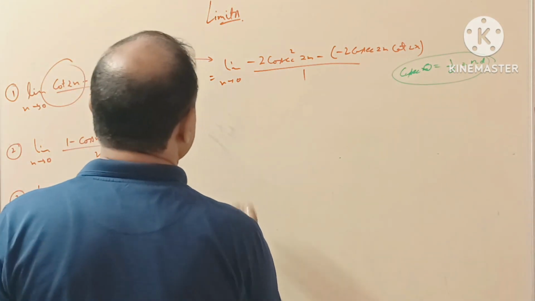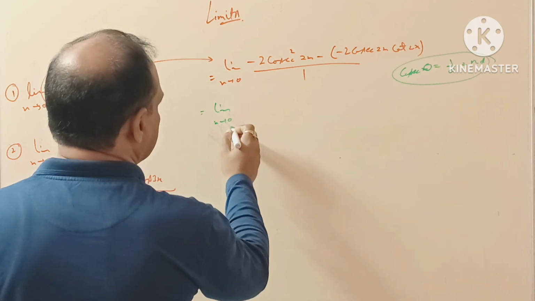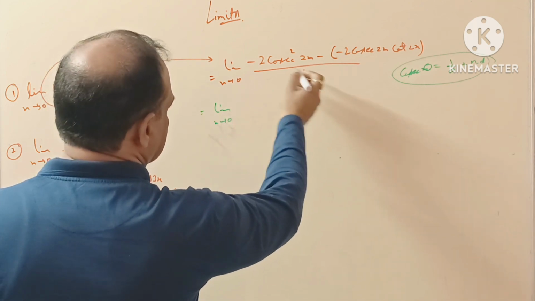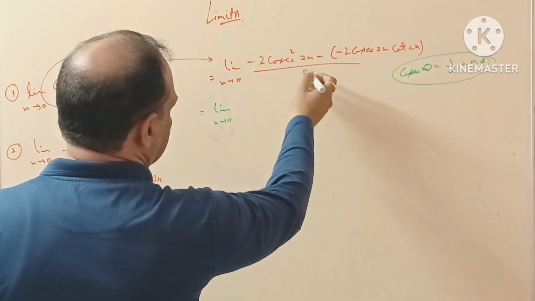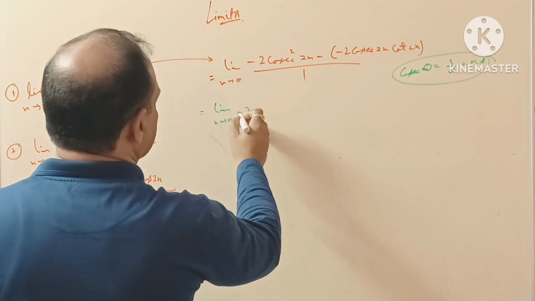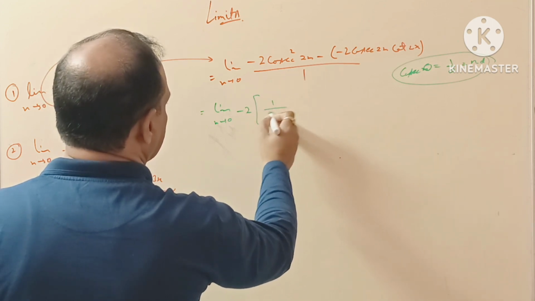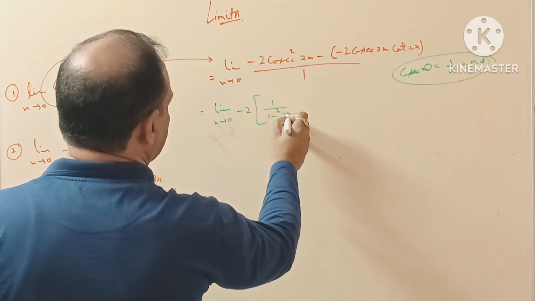I have to apply this limit x tends to 0. There is minus 2 and plus 2, so I take 2 common and minus 2 common. In the bracket I will have 1 over sine square 2x.